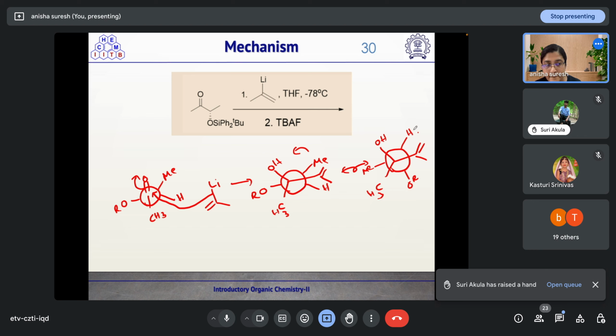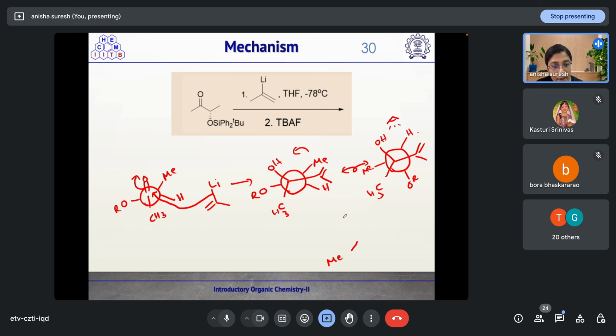Okay, so if we are looking in this direction, methyl is coming here, and on methyl the OR group is coming, that is away from us. So OR is coming away from us, and on the next carbon the OH is coming in our direction. So OH, and then this group. So the OR and OH are anti to each other.